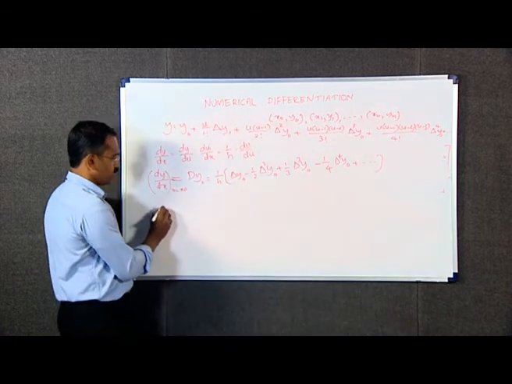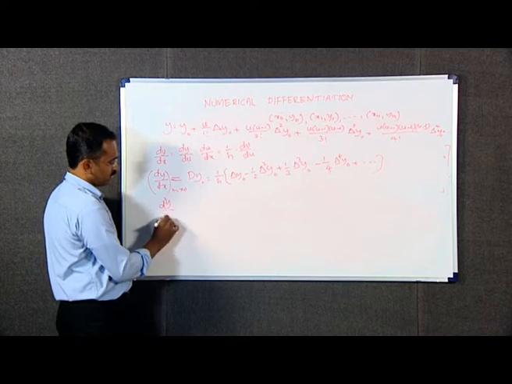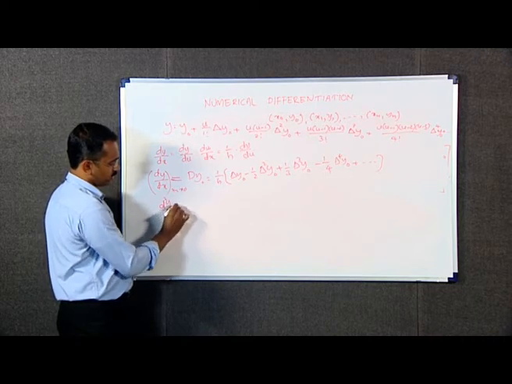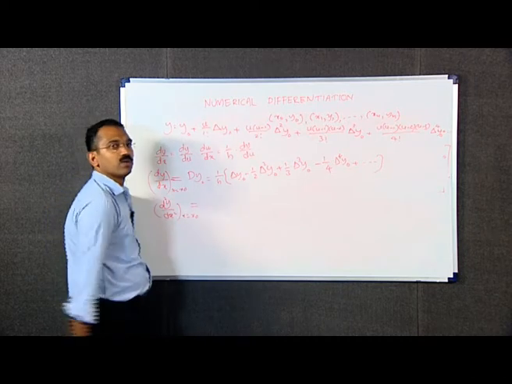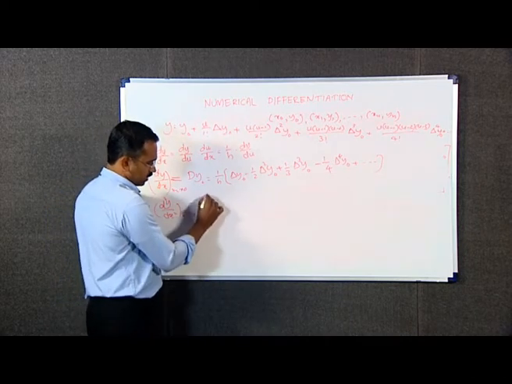When x equal to x naught, the second derivative d square y by dx square will become capital D square y naught.